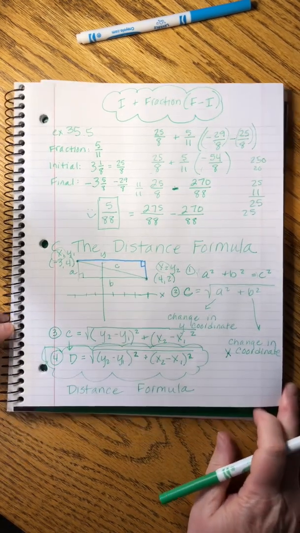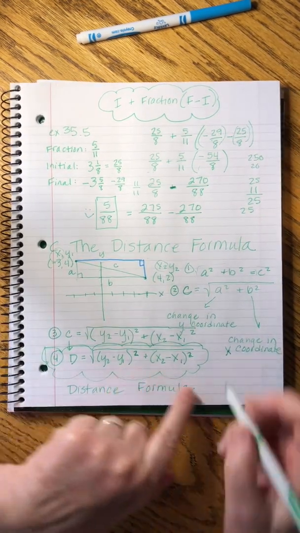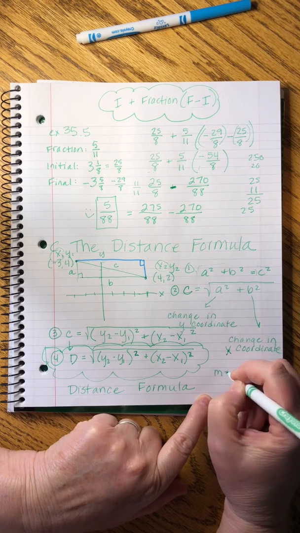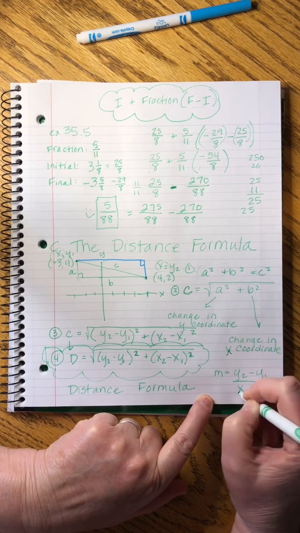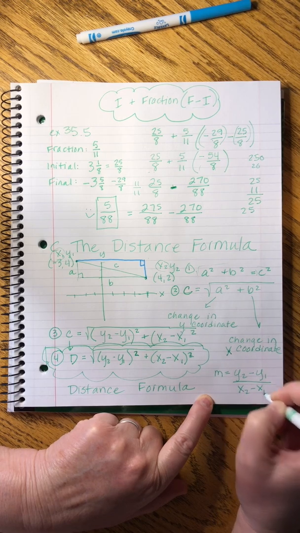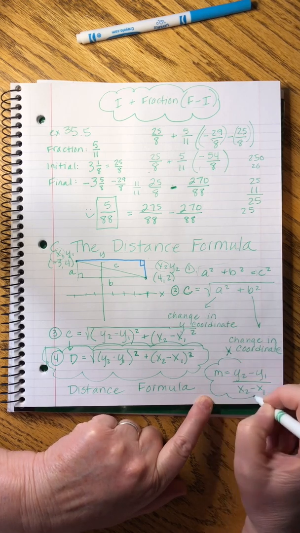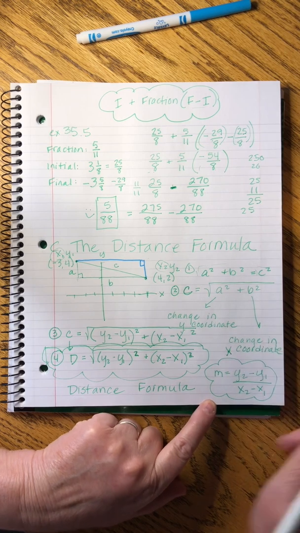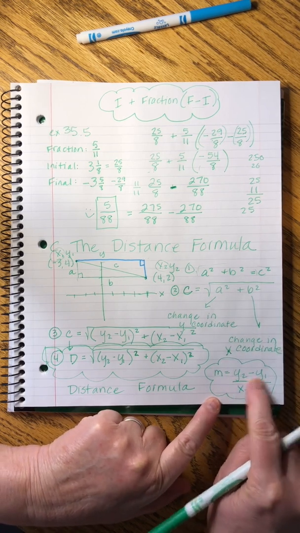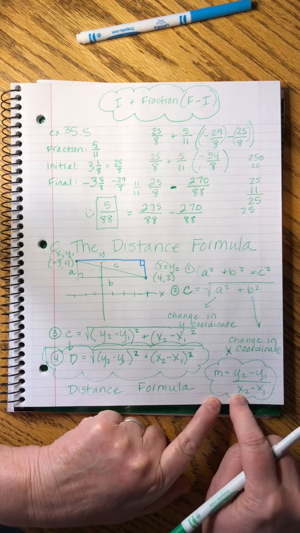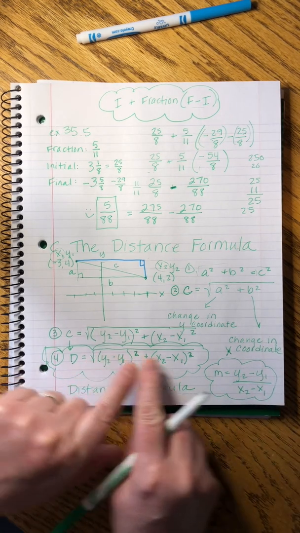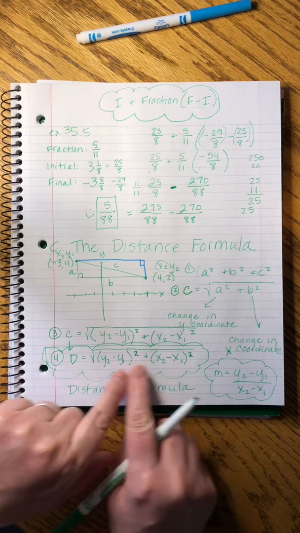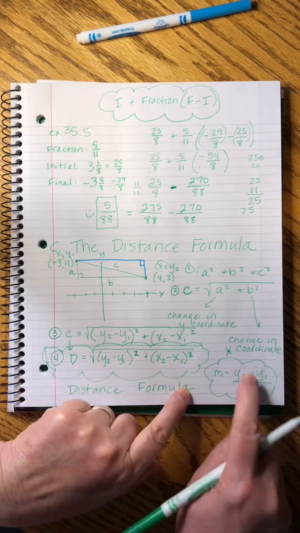The reason I really like this version of it is because we already know a formula that looks kind of like this. We have our slope formula, right? This is the slope formula that we learned, I don't know, last year or the year before. And this is y2 minus y1 over x2 minus x1. That matches this version of the distance formula the most closely.